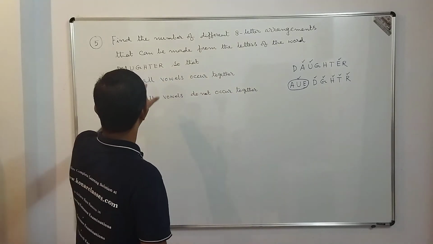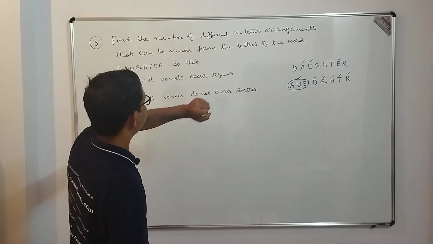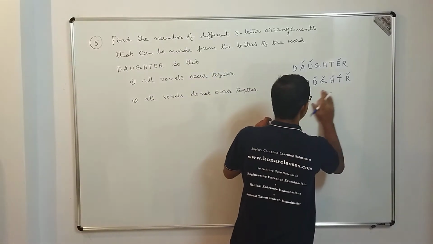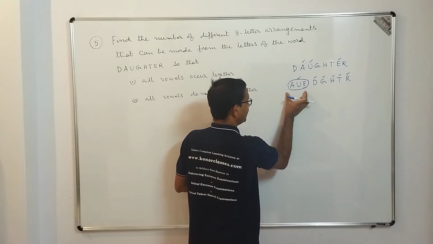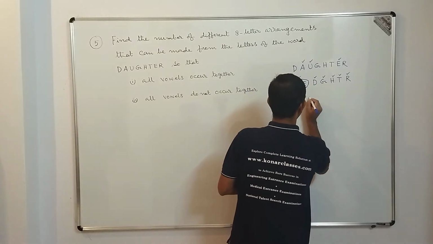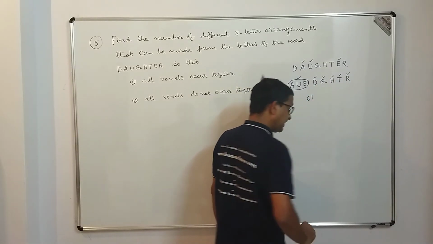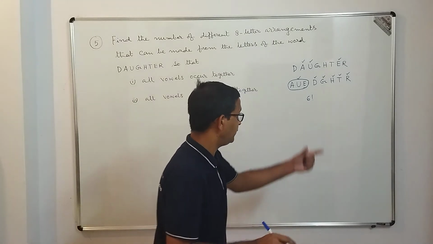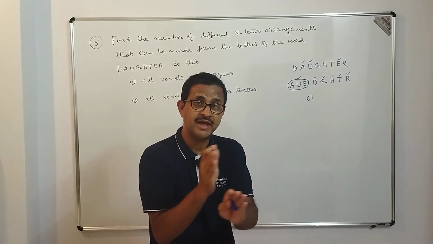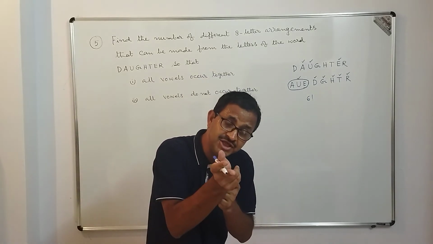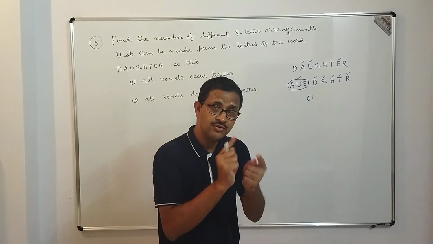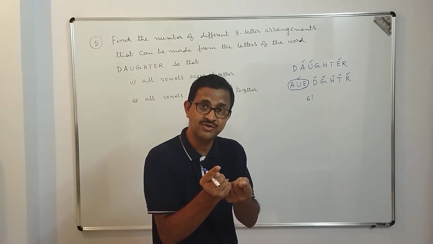Now the point is how many different 8 letter arrangements are possible. After considering A, U and E together as a single object, there are 6 objects, so it is 6 factorial. In 6 factorial ways we can arrange these 6 different objects. Now in each of these arrangements, A, U and E can permute among themselves in 3 factorial ways.